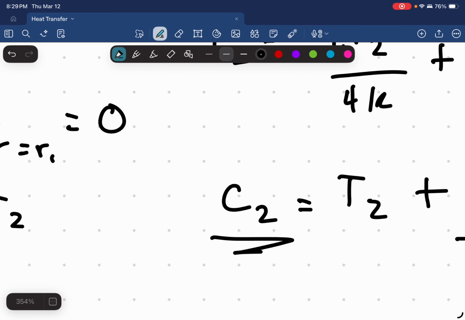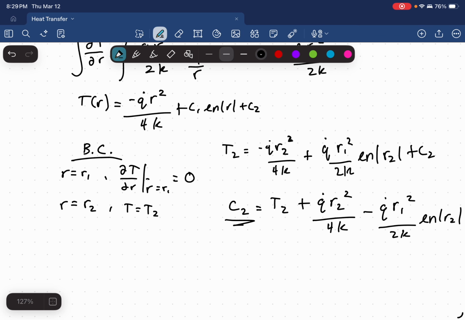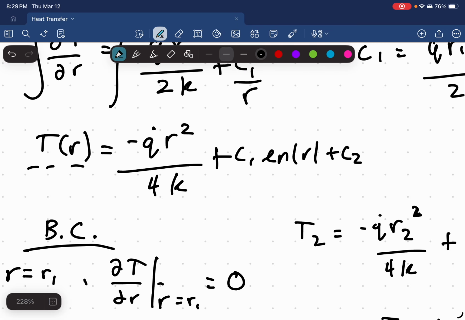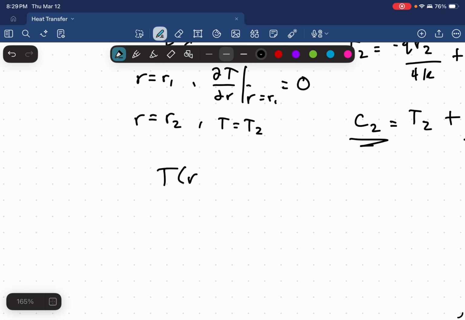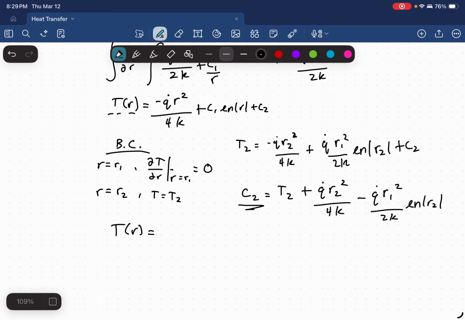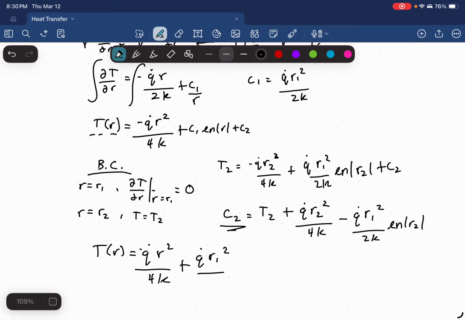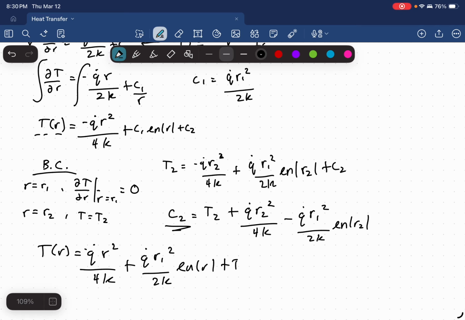So now we're going to substitute in C2 into the general equation of T of R. So that means T of R is going to come down to negative Q dot times R squared over 4k plus C1, which is the Q dot R1 squared over 2k ln of R, plus C2, which is all of this, so plus T2 plus Q dot R2 squared over 4k minus Q dot R1 squared over 2k ln of R2.